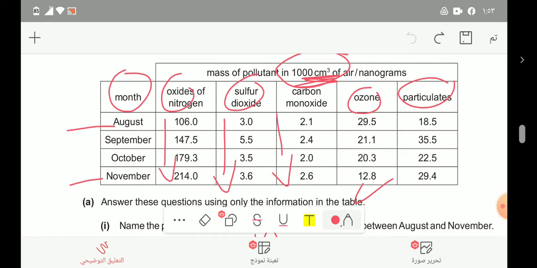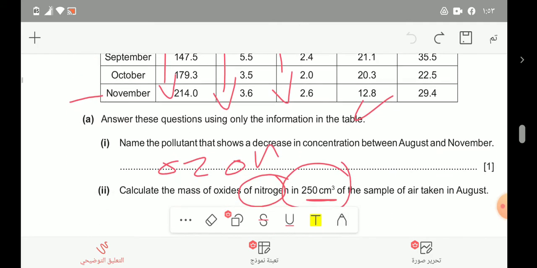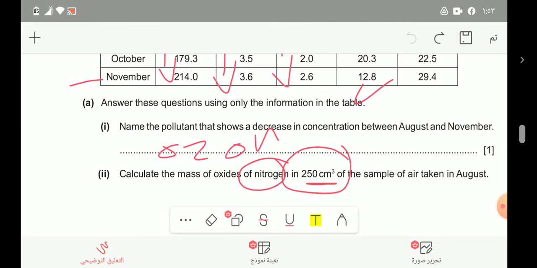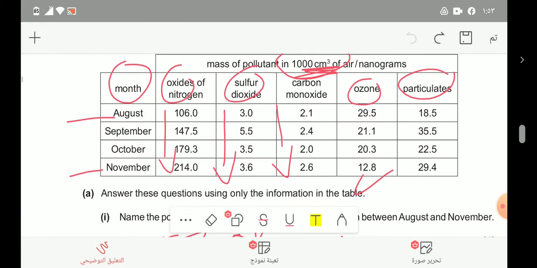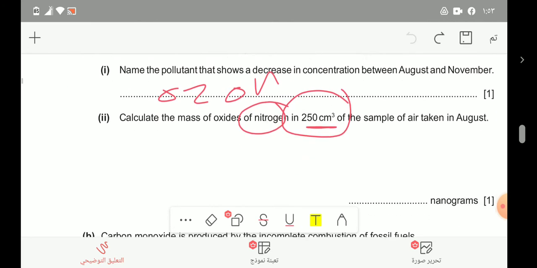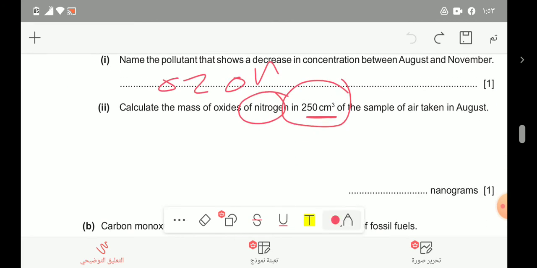Where is nitrogen? Nitrogen here, with the month August: 106. So the mass of oxides of nitrogen is 106 per 1000 cubic centimeters from the table.